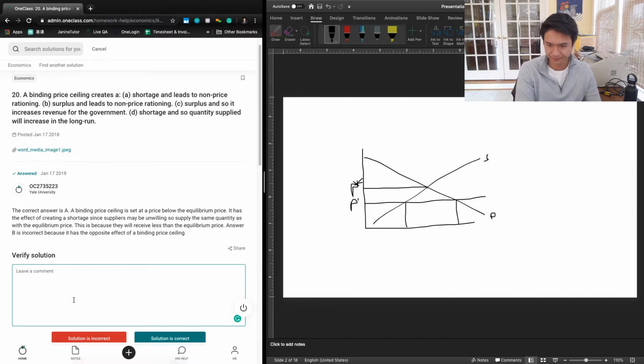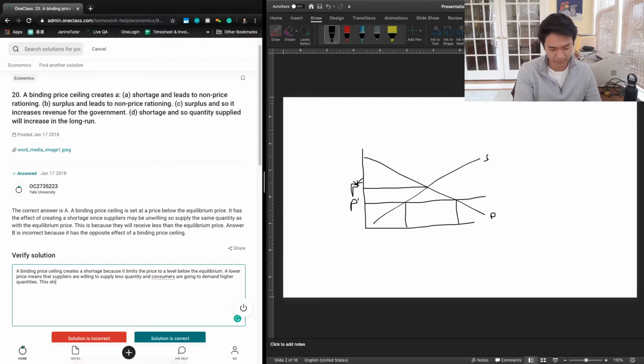So we're going to say a binding price ceiling creates a shortage because it limits the price to a level below the equilibrium. A lower price means that suppliers are willing to supply less quantity and consumers are going to demand higher quantities.